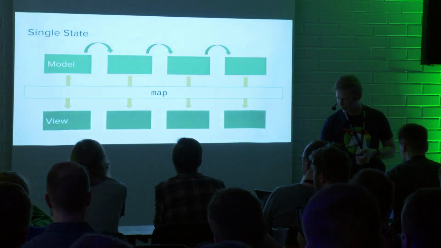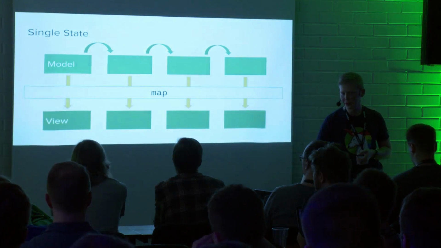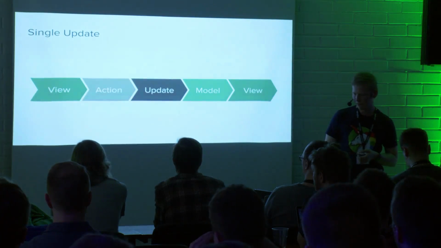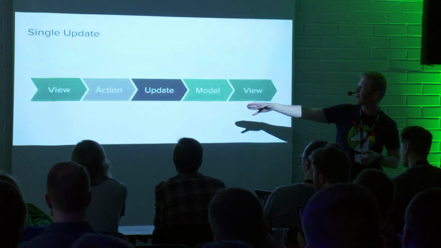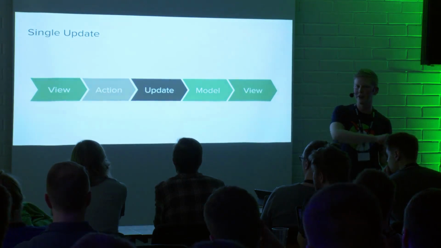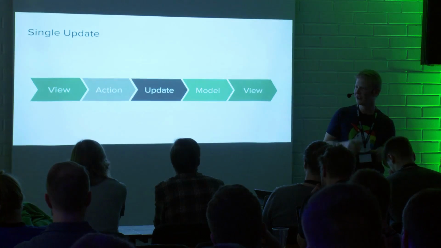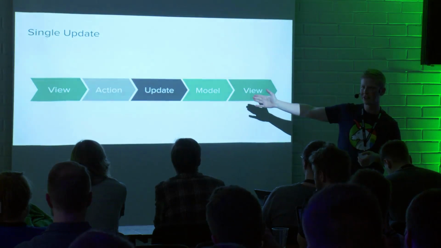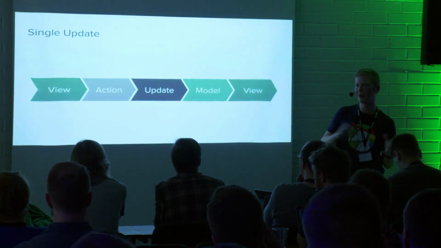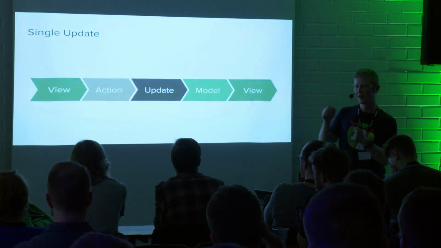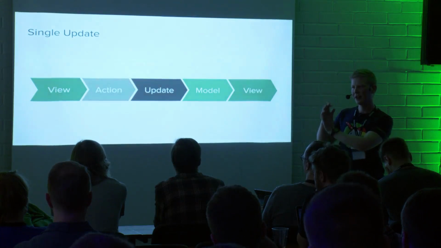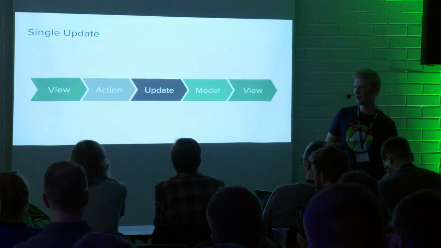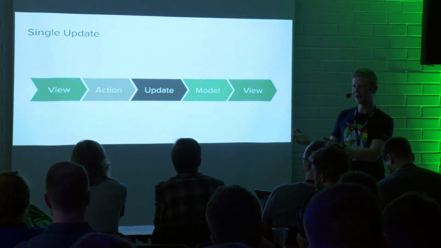So let's drill down to what happens in that single update. We have the view, and something happens. An action gets emitted. That action gets translated into some updates, which in return produce another model, and that gets mapped into a new view.